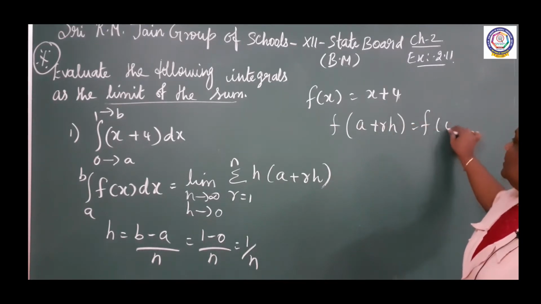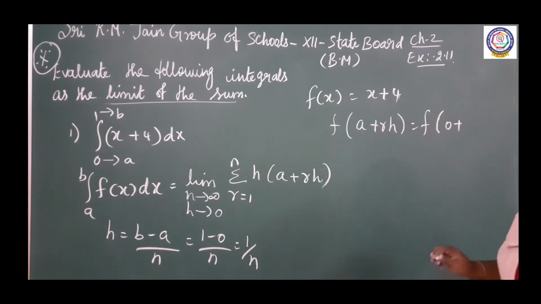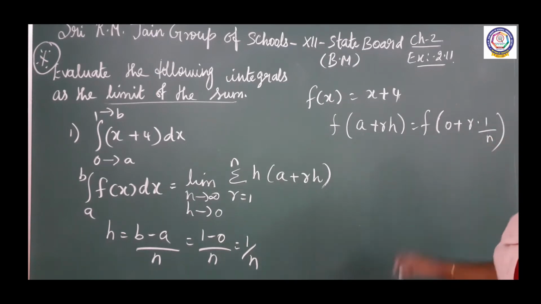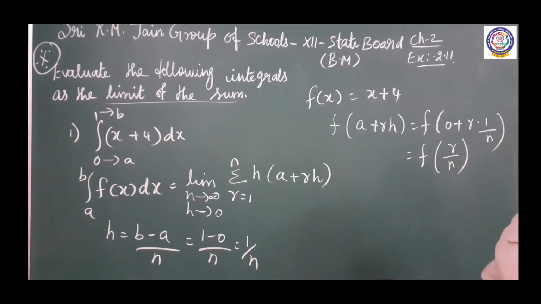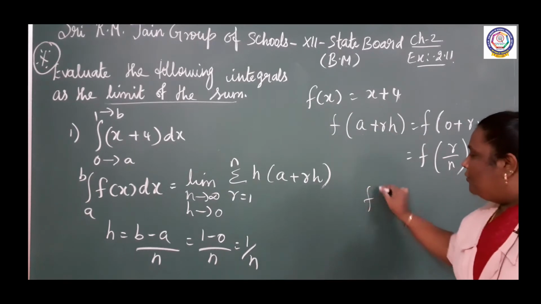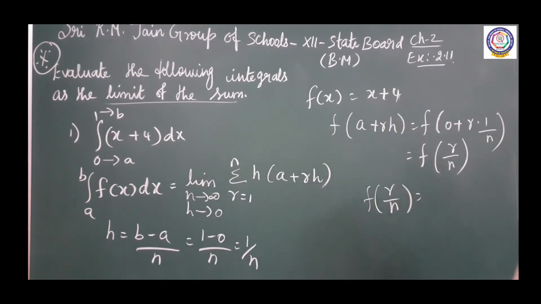The value of a is 0, r into h, and h equals 1 by n. So it gives f of r by n. You substitute r by n in the place of x, so f of r by n equals r by n plus 4.